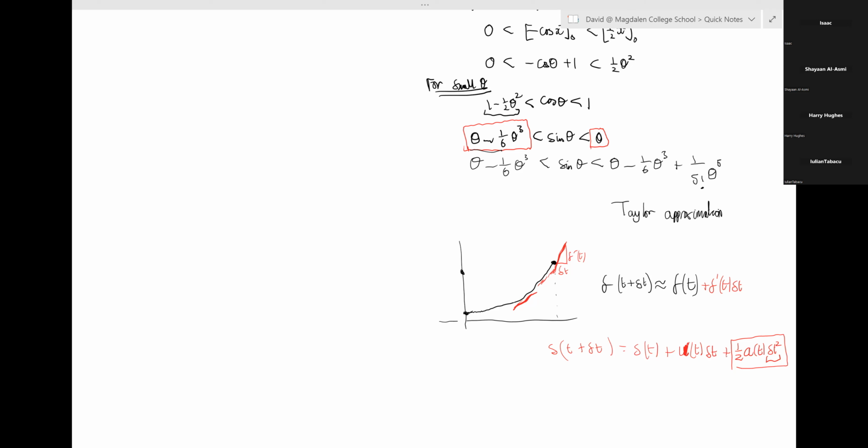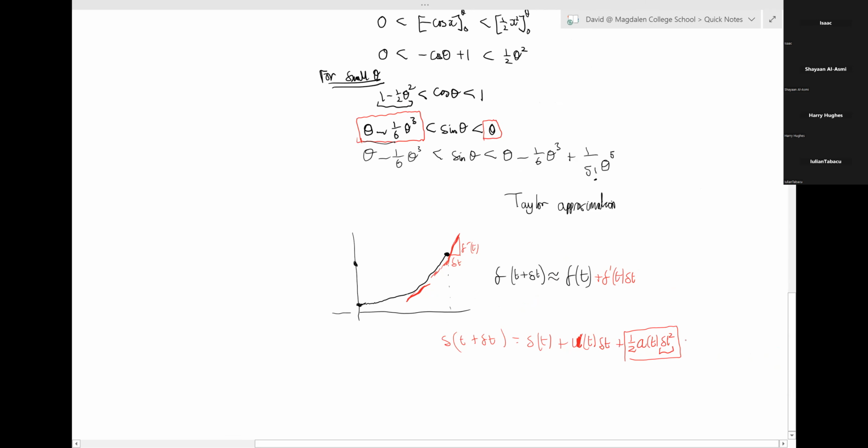So if you had a constant jerk, you would then get a third order term, and it would turn out to be 1/6 of the, and I won't use j for jerk, I'm just going to call it the triple derivative, delta t cubed. And so, as you can see, you're now getting better and better approximations by taking more and more derivatives.